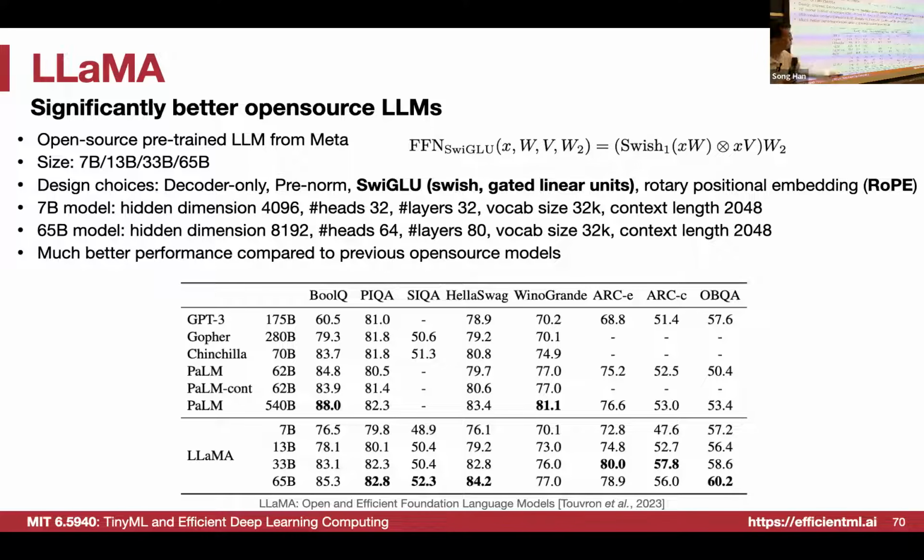It's getting pretty good accuracy compared with different models, much better performance compared with previous open source models. The most popular one is probably the 7 billion parameter model, hidden dimension of 4K, 32 heads, each head has 128 hidden dimensions.